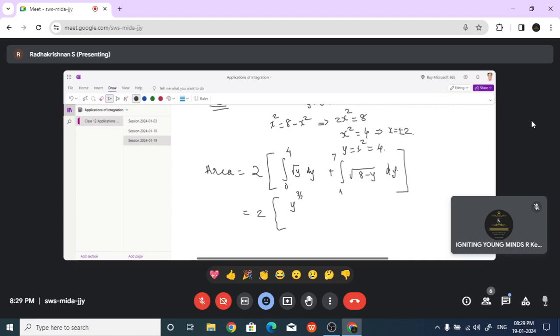So divided by 3 by 2 or into 2 by 3. This is for the range 0 to 4. Similarly, what is this integral?